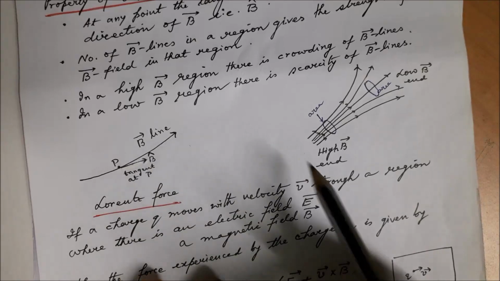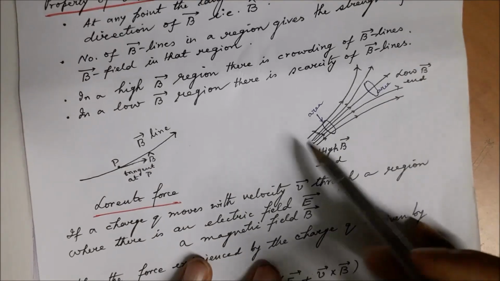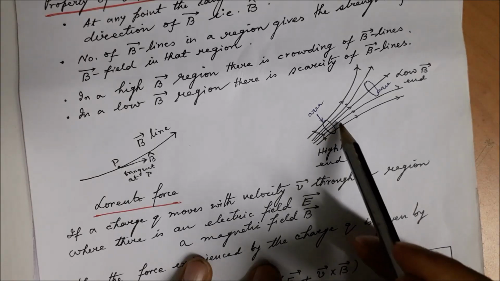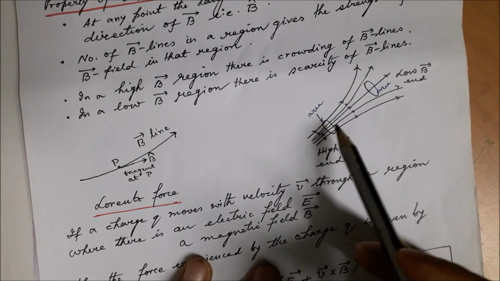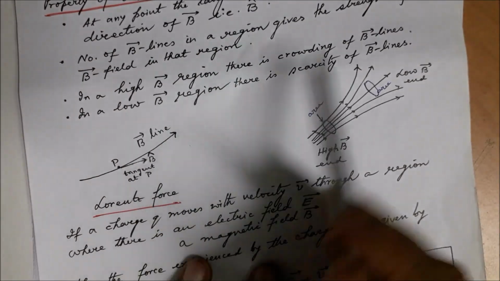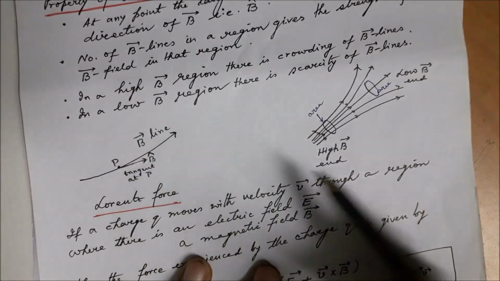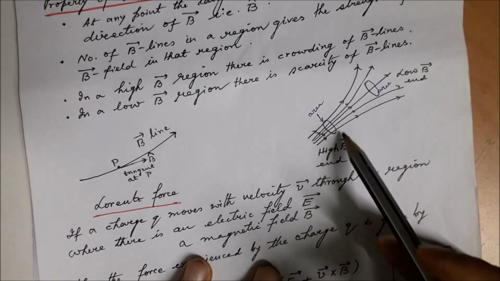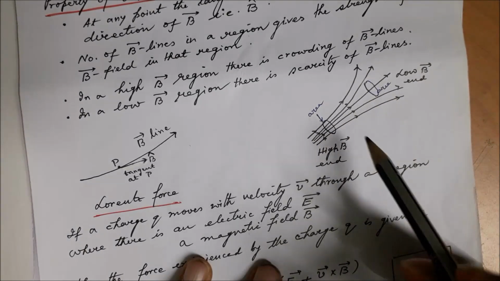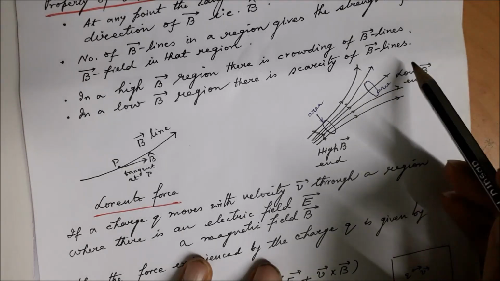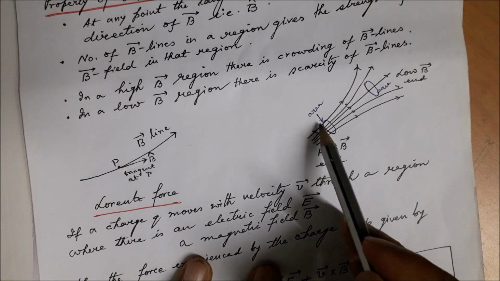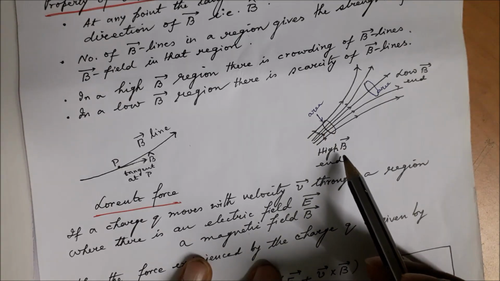And if we consider the B lines, and in these B lines, let us consider an area. The number of B lines in a region gives the strength of B. So here, for instance, through the area, there are 5 lines intersecting through it, while here there is only one line. This is indicative of the fact that in this region, the strength of B is large.